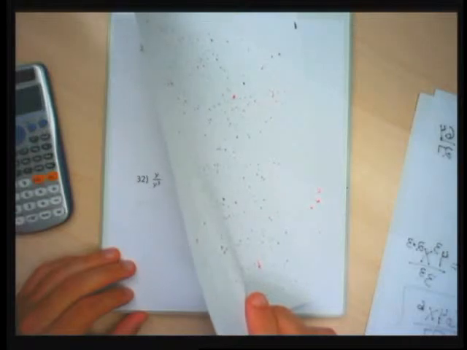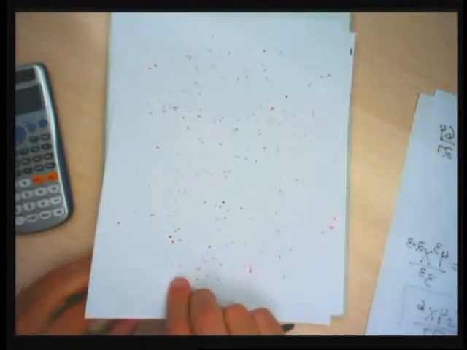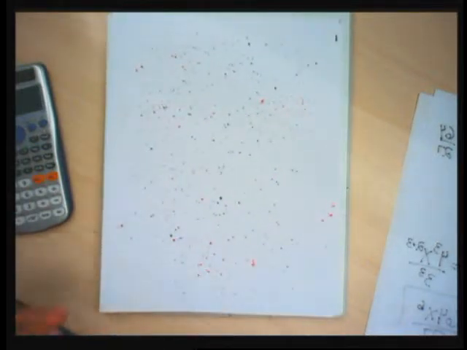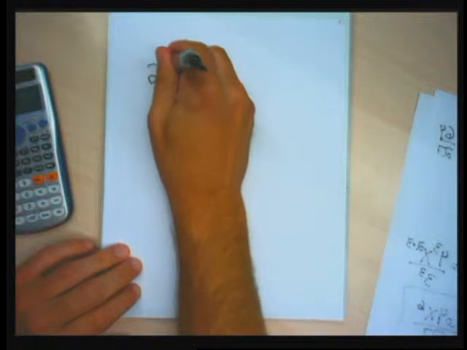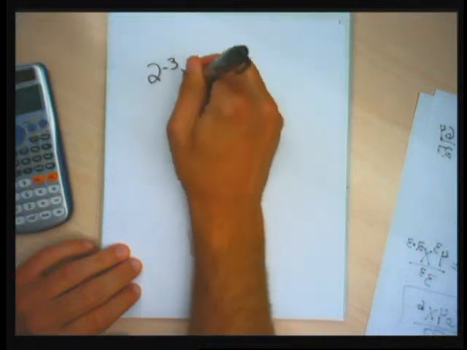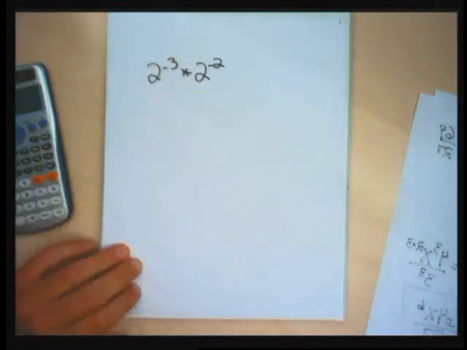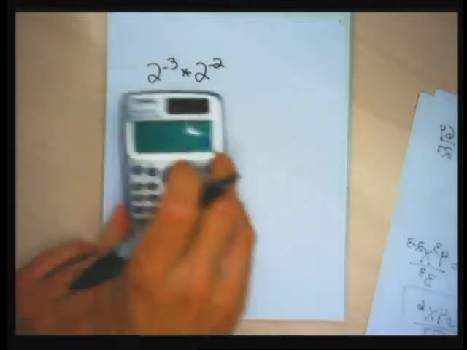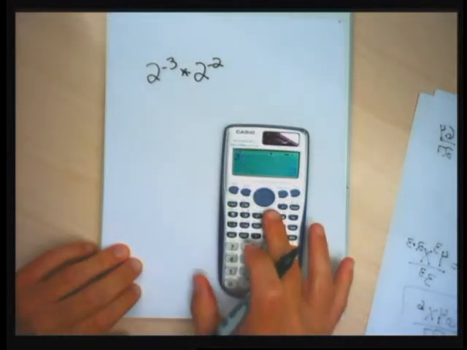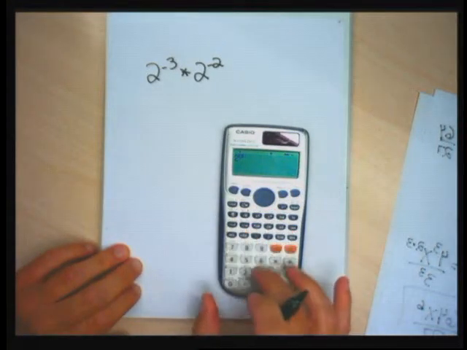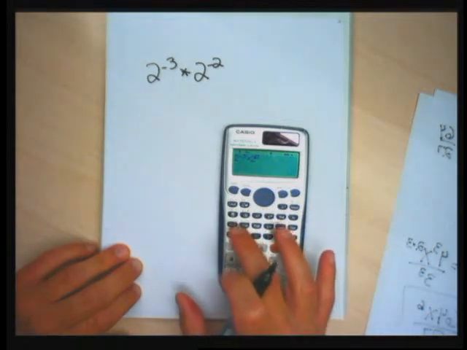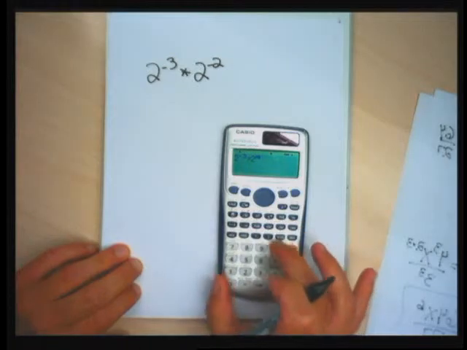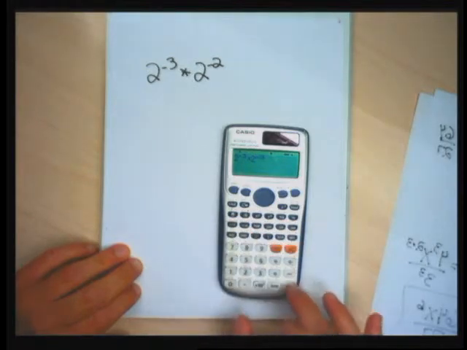All right. Let me make up one quick problem before I do 30. If I gave you this problem, 2 to the negative 3 power times 2 to the negative 2 power. Again, I could smoke this on my calculator real easily. So 2 up arrow negative 3 times 2 up arrow negative 2.